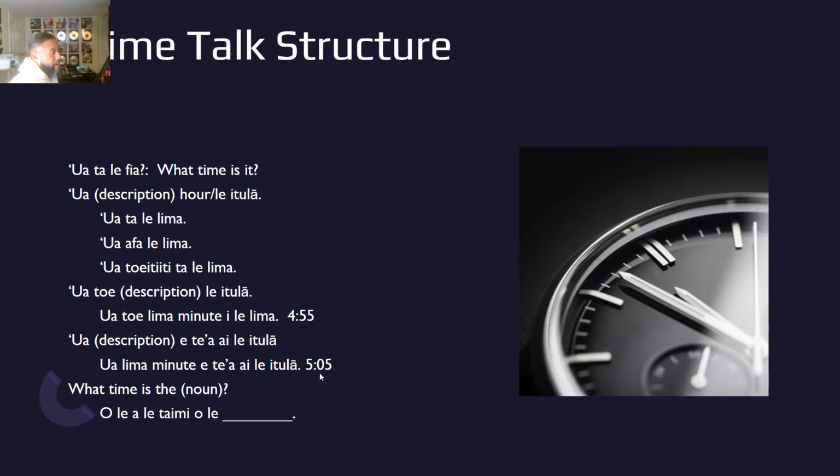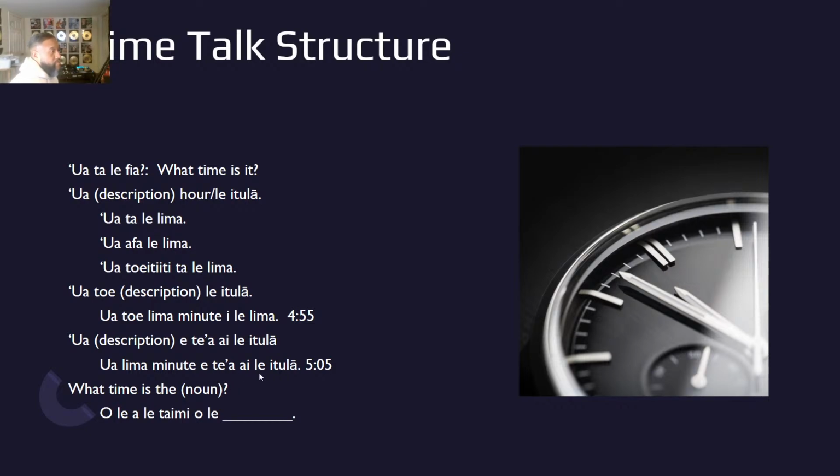Now, when you're talking about time that's after, when you're referencing something that's after, so in this case, we're saying it's 5 minutes after the five. So, ua, and then we put whatever we're saying. So, in this case, we're saying lima minute. That's our 5 minutes, okay? It has become 5 minutes, lima minute, ete ai, after, okay?